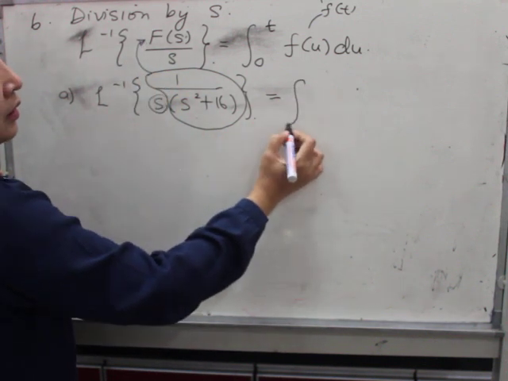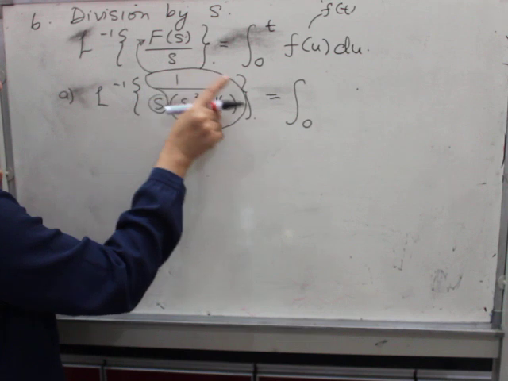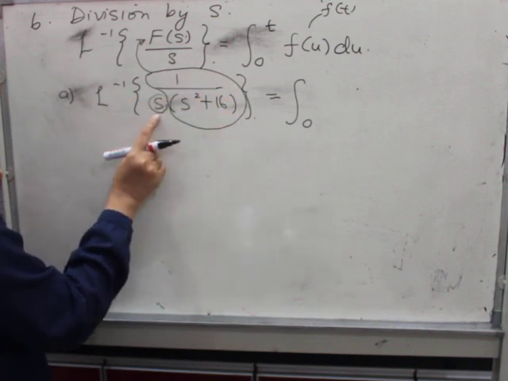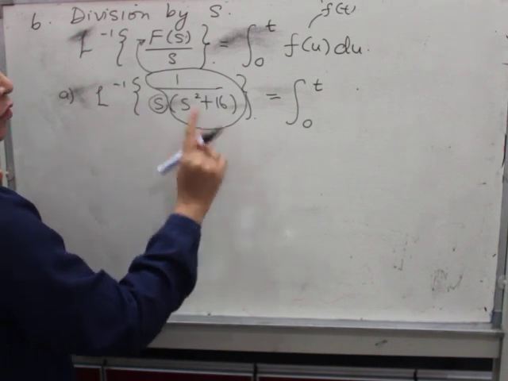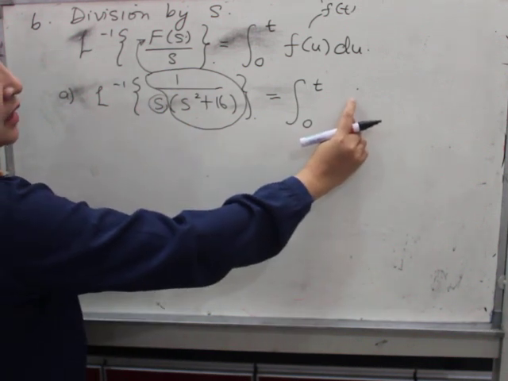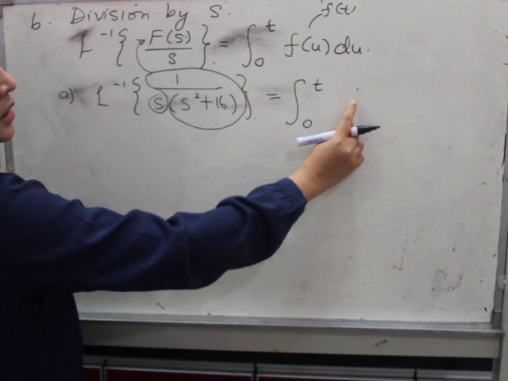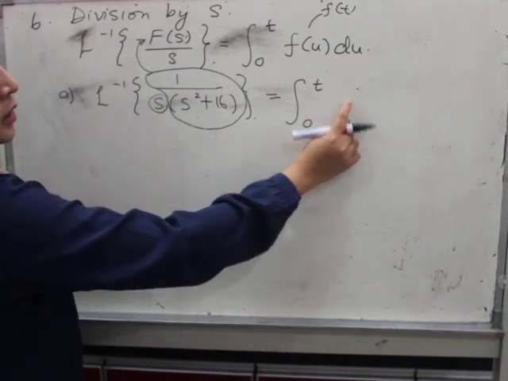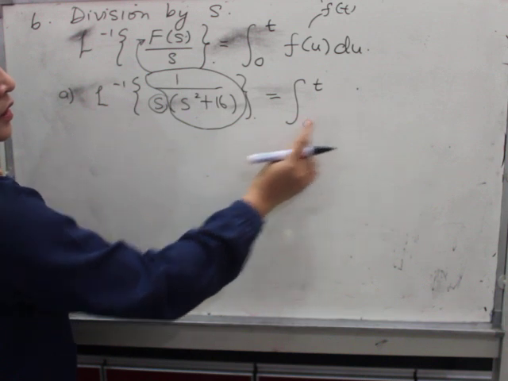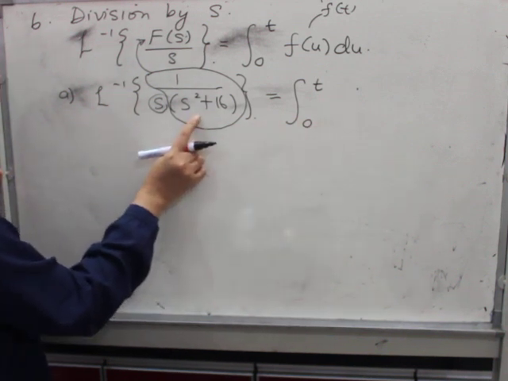When this F(s) is divided by S, we have to put f(t) over here. That means we have to inverse this F(s) to get f(t) to be put here.